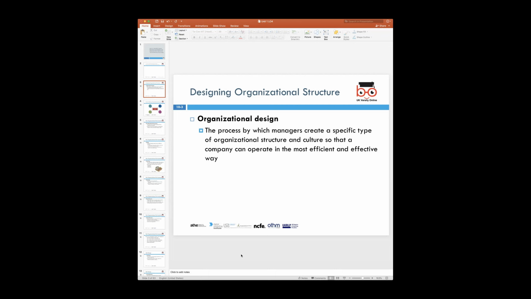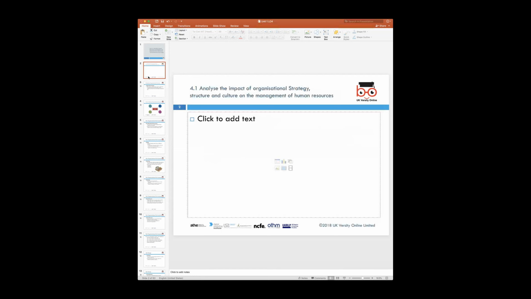So in a few slides, we want to focus on understanding the organizational structure, because this unit talks about strategic human resource management and organization behavior. This part of learning outcome 4 in OTHM's qualification combines both the understanding of the impact of organizational strategy, structure, and culture on human resources management.